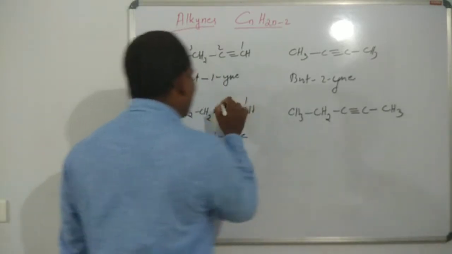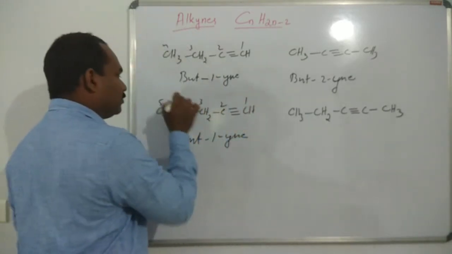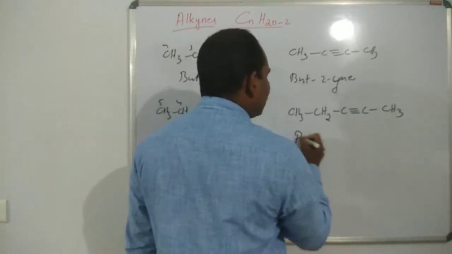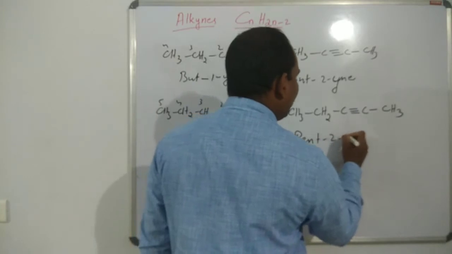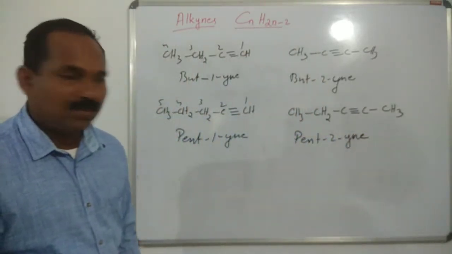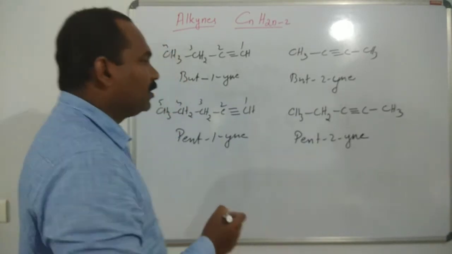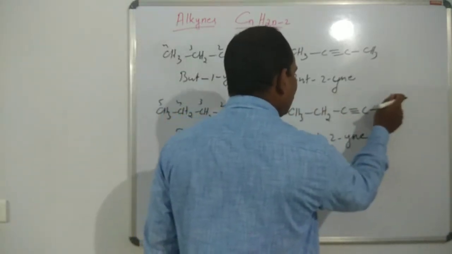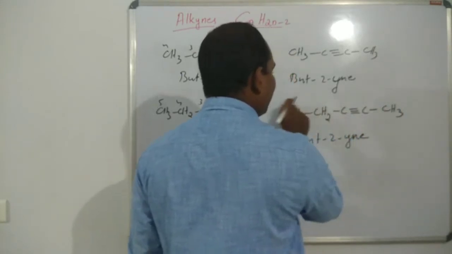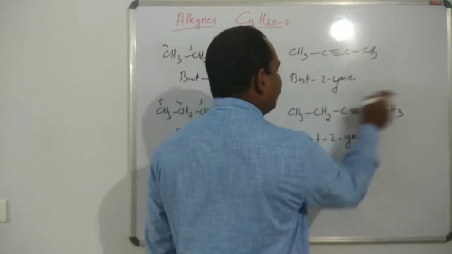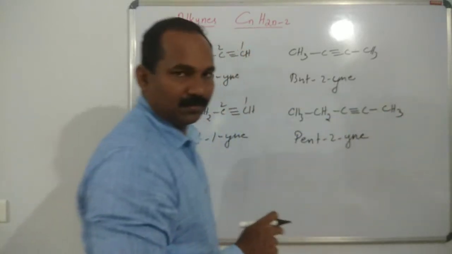What about this? 1, 2, 3, 4, 5. It is pent-2-yne. Number from any direction, the position is the second position. 1, 2, 3, 4, this numbering is wrong.